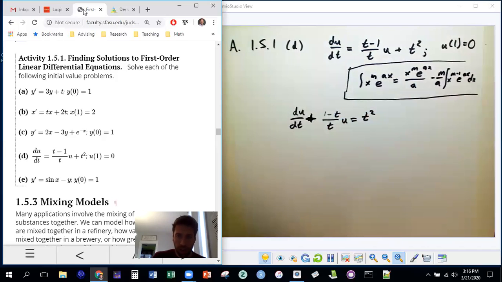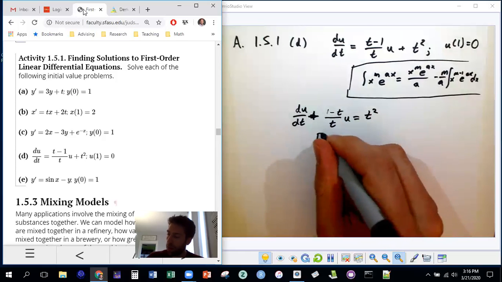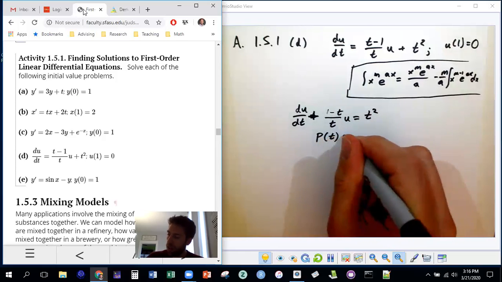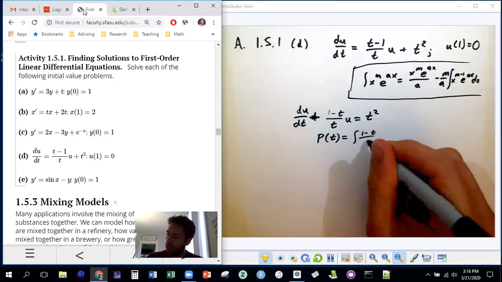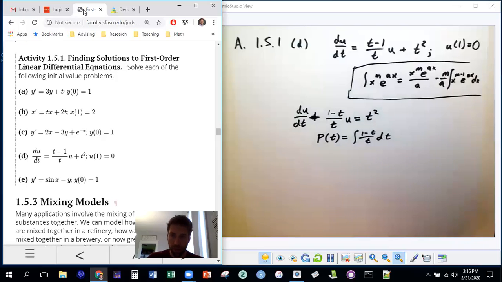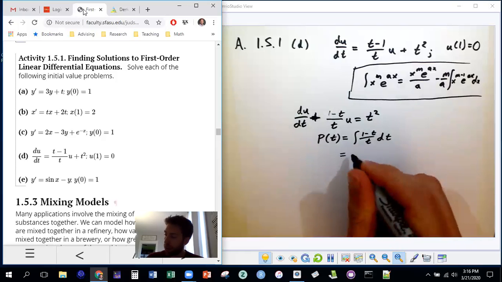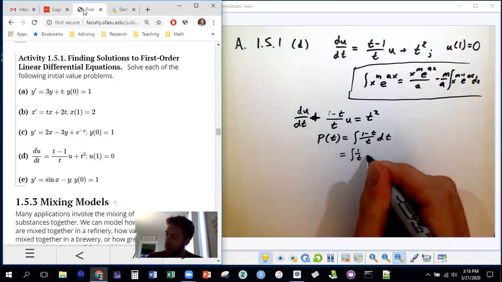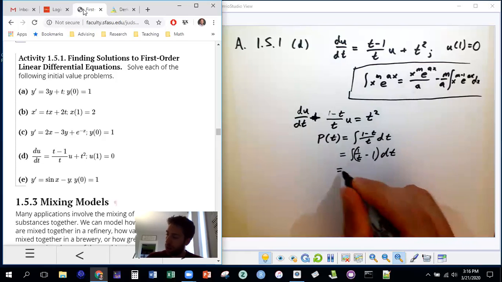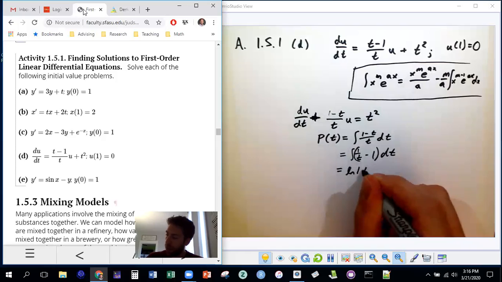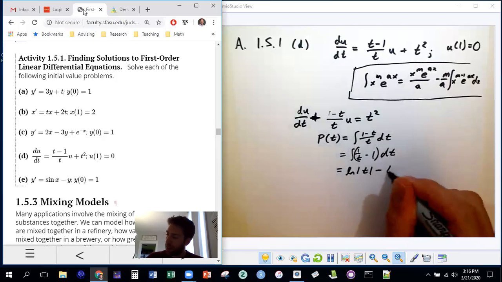Now I'm going to break up finding the integrating factor into two parts. Part one is p of t equals the integral of 1 minus t over t dt. That's the integral of 1 over t minus 1 dt, which equals the natural log absolute value of t minus t.